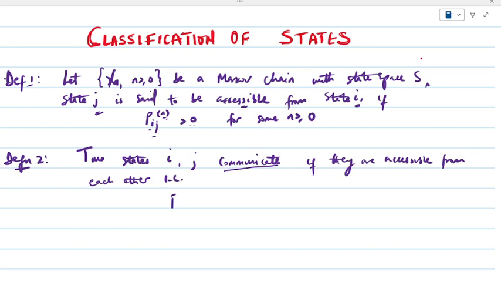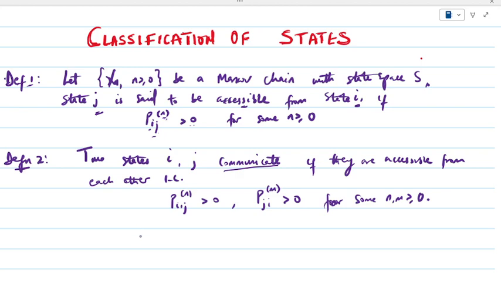That is, the transition probability of moving from i to j over n steps is greater than 0, and the probability of moving from j to i over m steps is also greater than 0, for some n, m greater than or equal to 0.